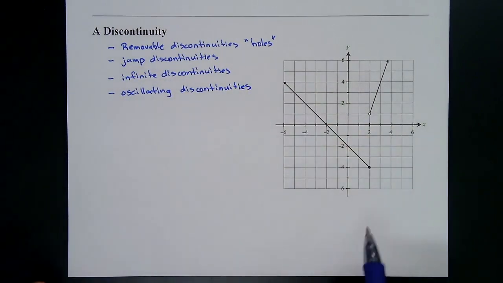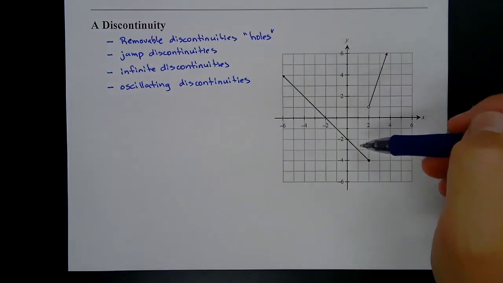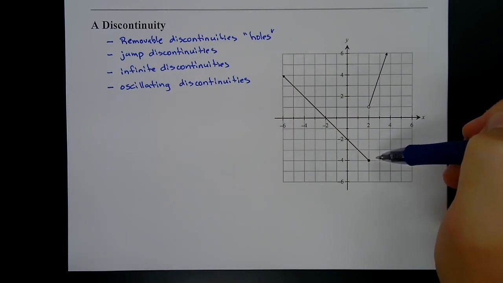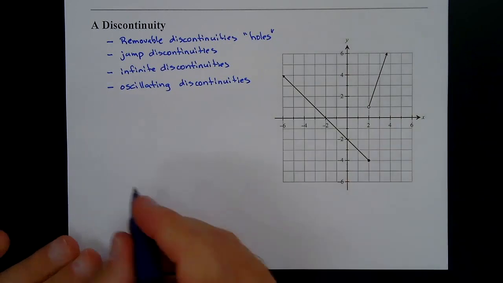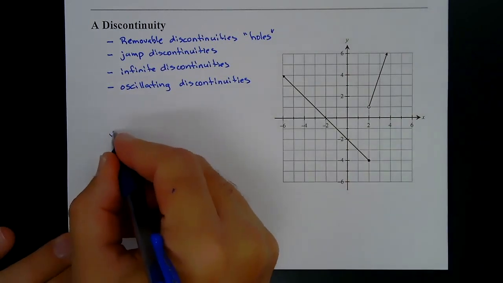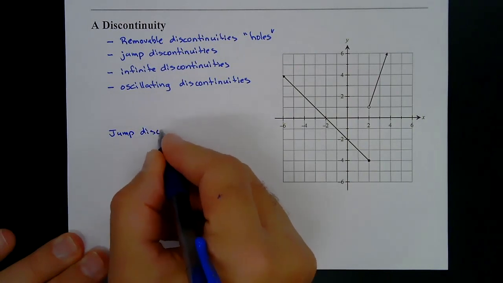Okay, so in this case, we would say it's not differentiable at x equals 2 because there is a jump discontinuity at x equals 2.